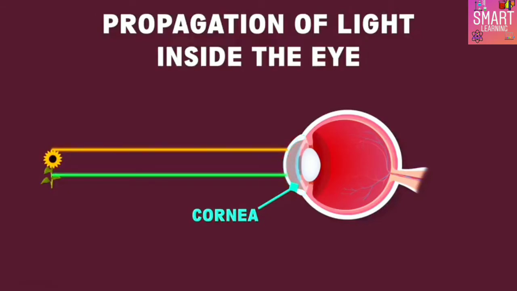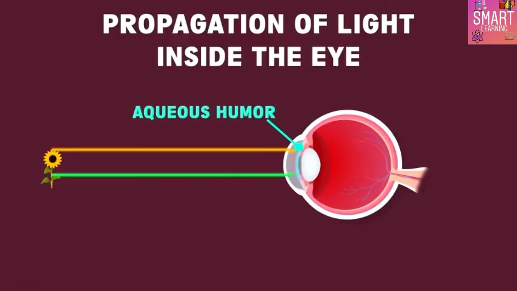First, the light is refracted by the cornea. This refracted light then travels to the transparent fluid present in between, which is also called the aqueous humor. From this fluid, light then enters the pupil and falls on the lens inside.